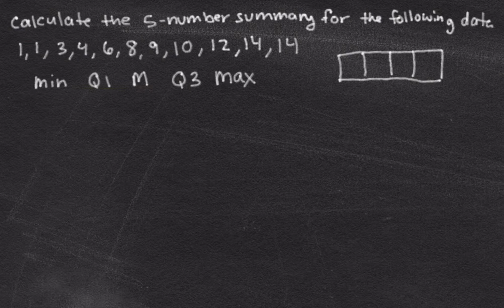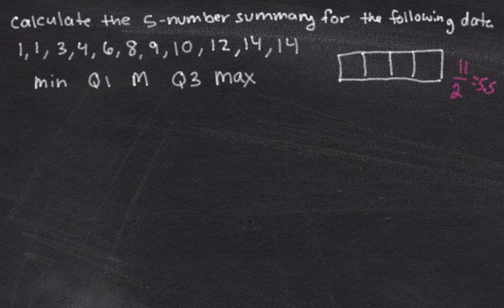So I'm going to first try to divide it in half, and the way that I'm going to do that is by finding the median. Okay, so if I look here, I have 1, 2, 3, 4, 5, 6, 7, 8, 9, 10, 11 numbers in my data set, which means that if I take 11 divided by 2, 5.5, that means that there's going to be 5 numbers on each side of my median.